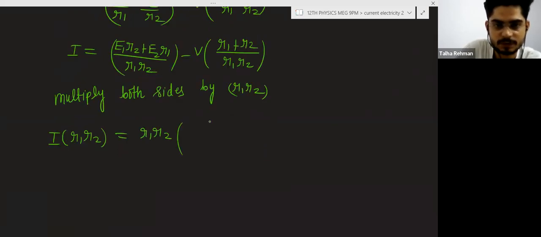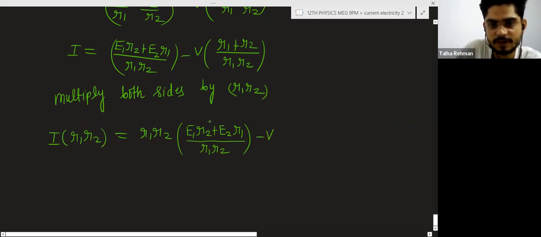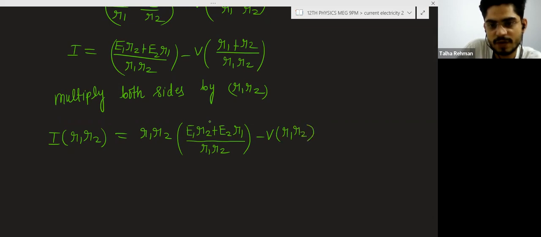I can write the equation: E1 R2 plus E2 R1 divided by R1 into R2, minus V, and here we multiply R1 into R2, and this is R1 plus R2 divided by R1 into R2.